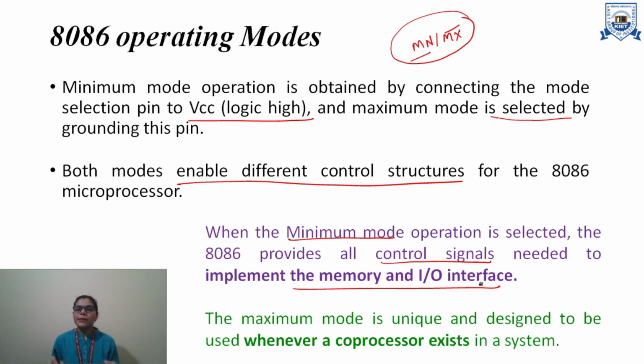So in minimum mode, 8086 will work for operation of memory and input-output. Whenever maximum mode is selected, we'll define the coprocessor system, or we can say multiprocessor configuration system. So in maximum mode, 8086 will work within coprocessor system.